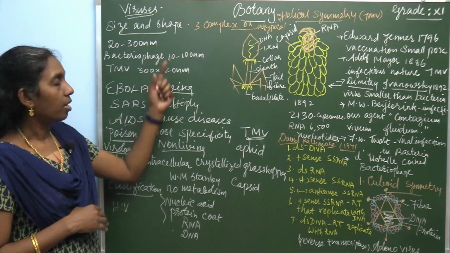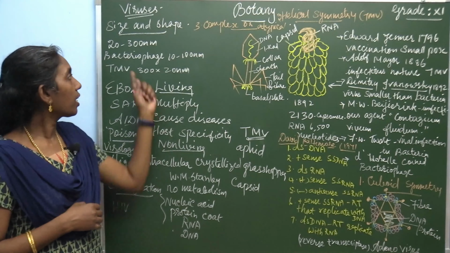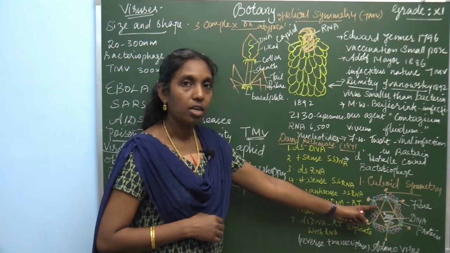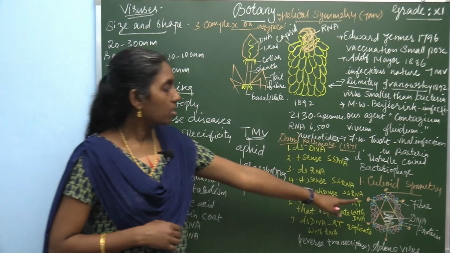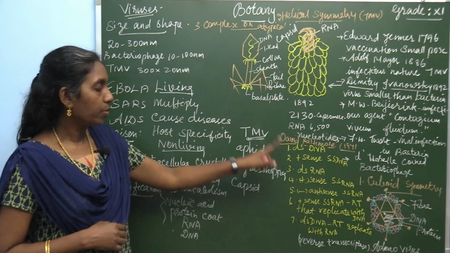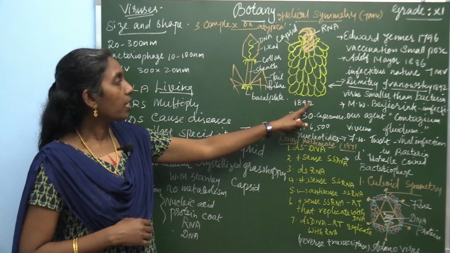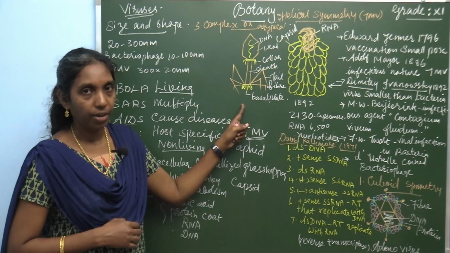Then first learn the definition and size and shape of the virus. The sizes vary, and there is symmetry. There are different symmetries. Draw these three diagrams in the class note: cuboid symmetry, helical symmetry and complex symmetry. Examples: adenovirus, cuboid symmetry; tobacco mosaic virus, helical symmetry; and bacteriophage, complex symmetry.